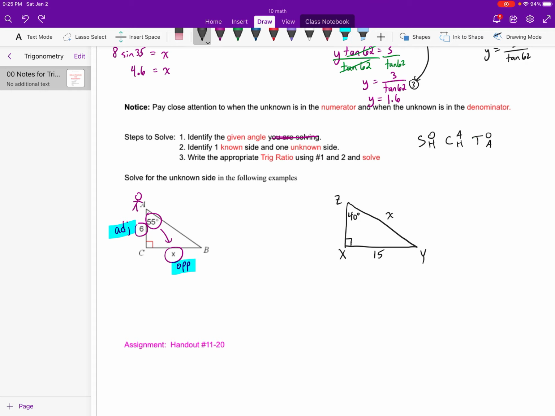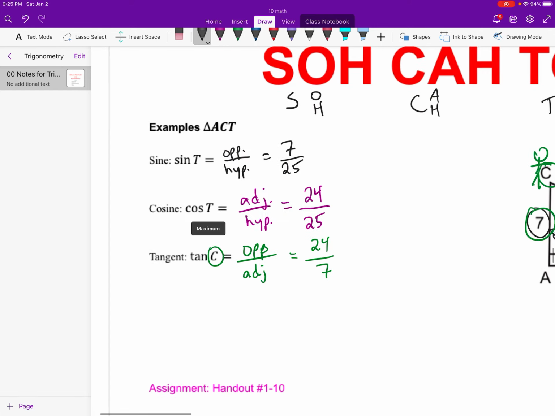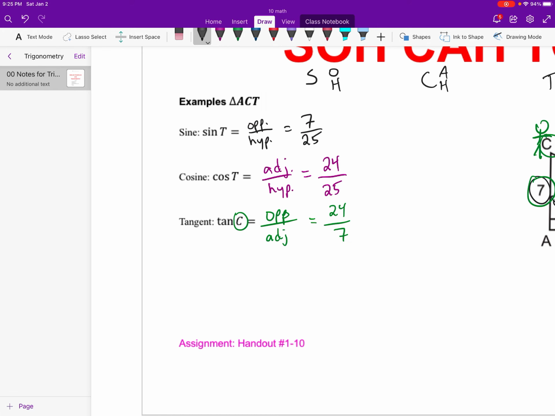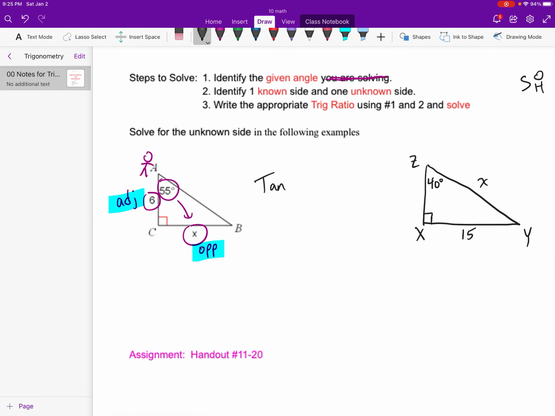So we're going to use the trig ratio of tan. To write this, let's go back up here. Tan of an angle is equal to opposite over adjacent. So tan of the angle A is equal to opposite over adjacent. Let's fill in what we know. Tan of A, well, A is 55.